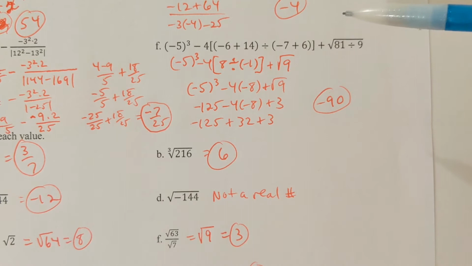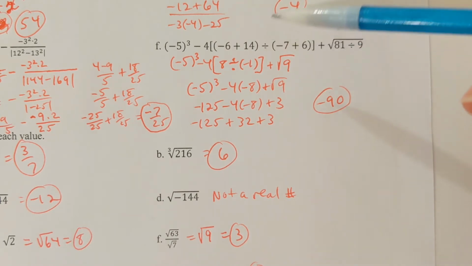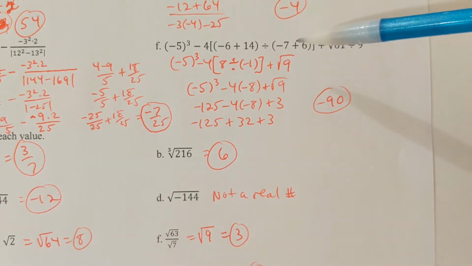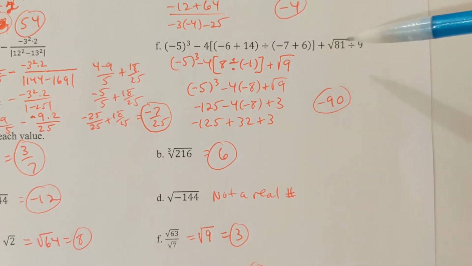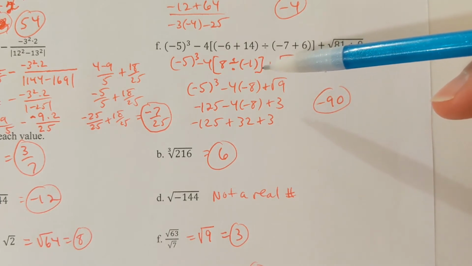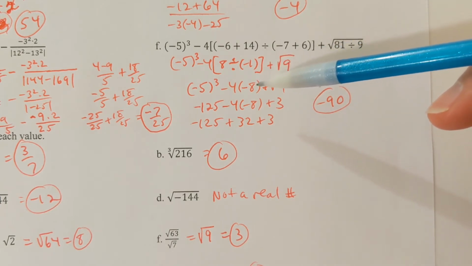The next one, negative 5 cubed minus 4 times the quantity negative 6 plus 14 divided by negative 7 plus 6, plus 81 divided by 9. Okay, so negative 6 plus 14 is 8. Negative 7 plus 6 is negative 1. 81 divided by 9 is 9. 8 divided by negative 1 is negative 8.